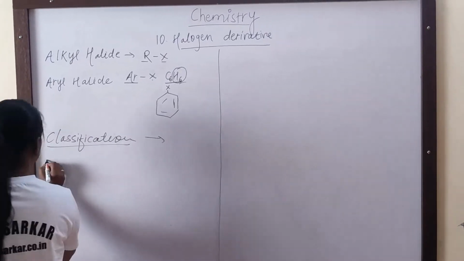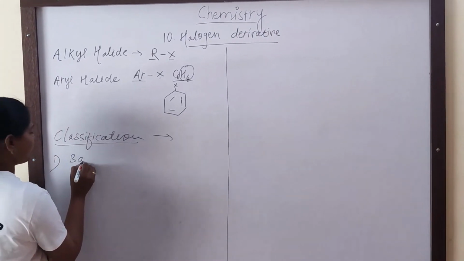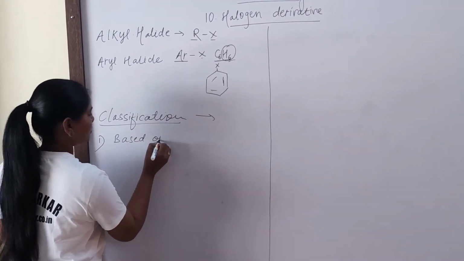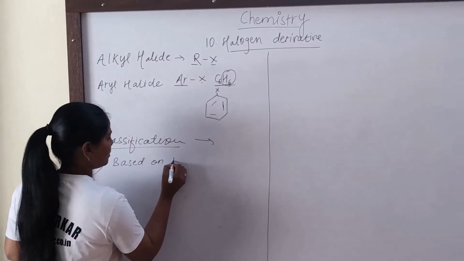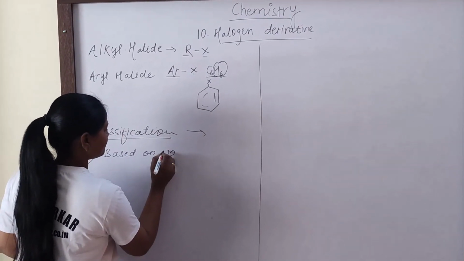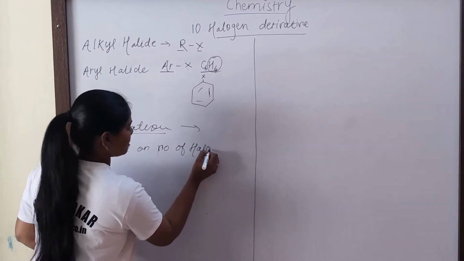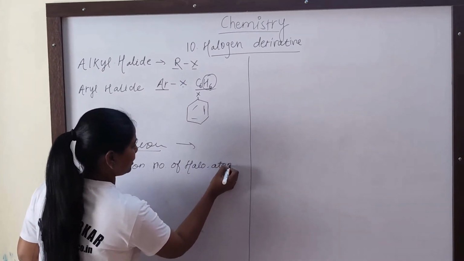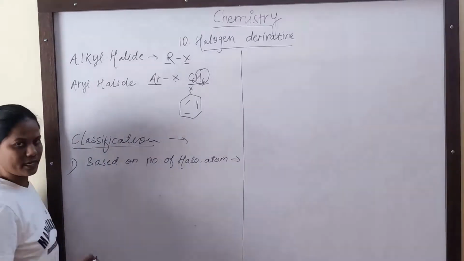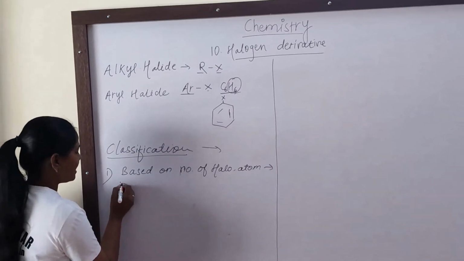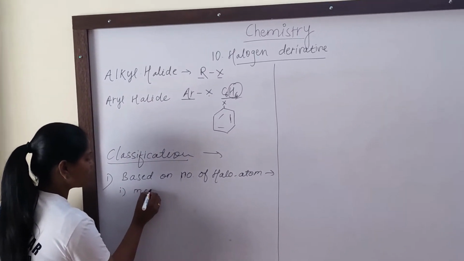Number 1, classification based on number of halogen atoms. Now I am writing here short. Halo atom means what? Halogen atom. Suppose it contains one halogen atom.